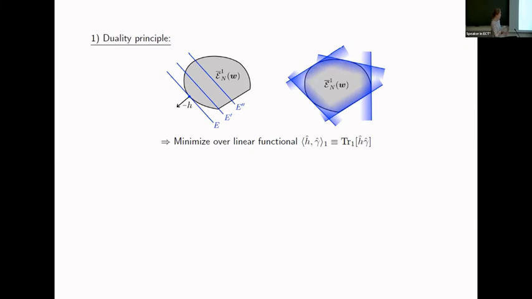Basically, we have to minimize over linear functionals, but they are just given by the inner product between the 1-particle Hamiltonian and the 1RDM. So this defines some geometry on the space of 1-particle density operators. For fixed h, this defines a hyperplane of fixed value. And then we just shift this hyperplane in the direction of -h until we touch the boundary of our set.